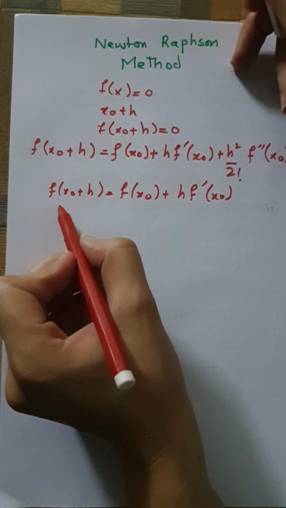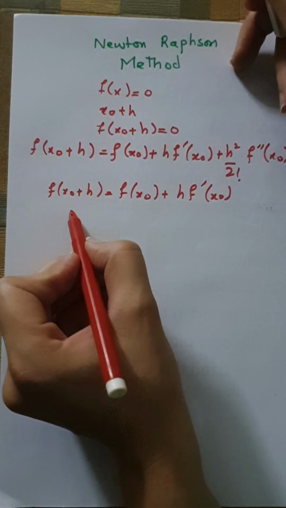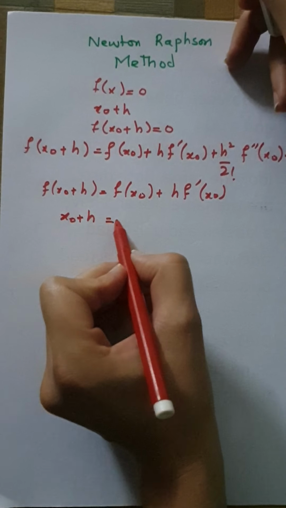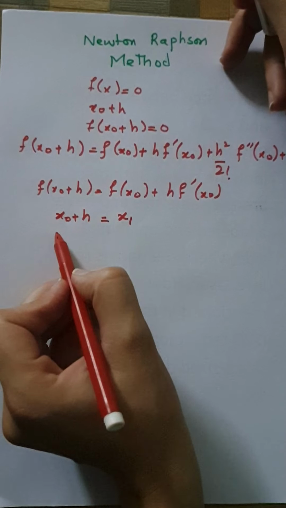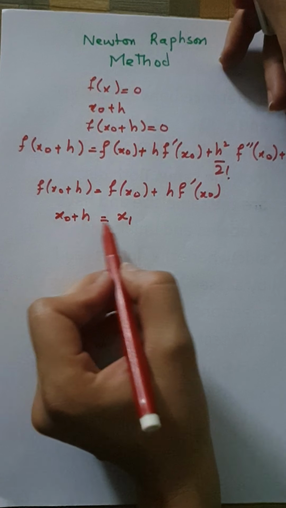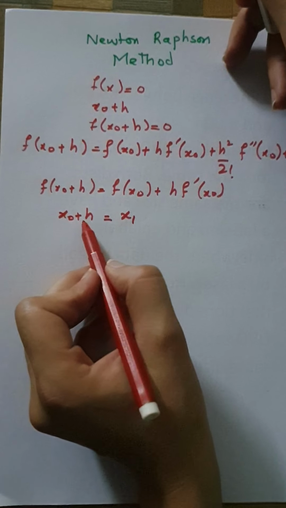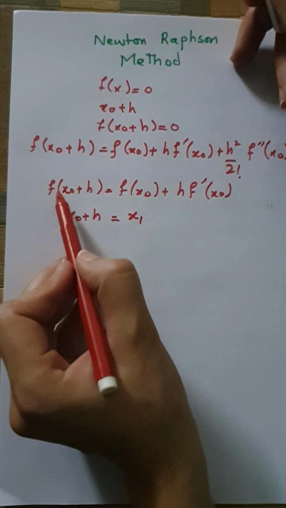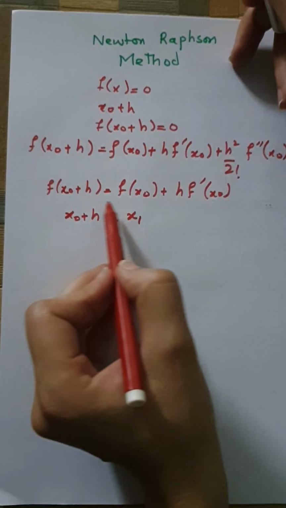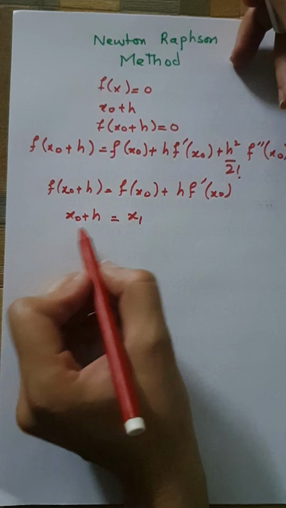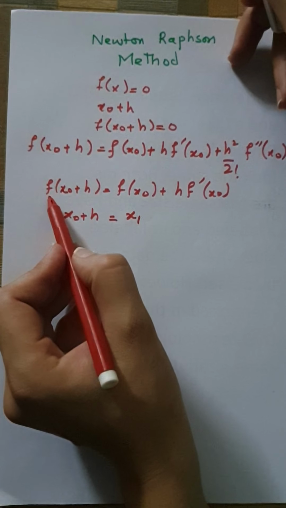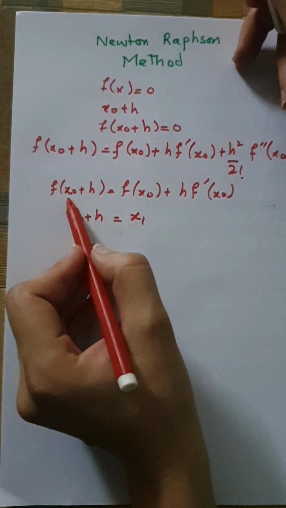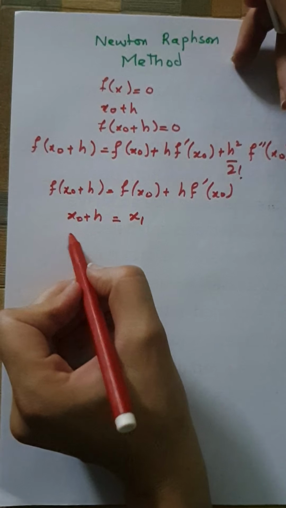Since we have started with the assumption that x naught plus h is the next value of the argument of the function, we can say that x1 is equal to x naught plus h. In this expression we are interested in that value of x1 where the function cuts the x-axis, and whenever the function cuts the x-axis, its value becomes equal to 0.